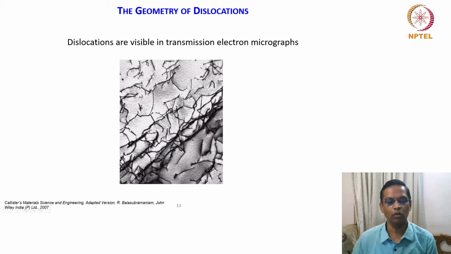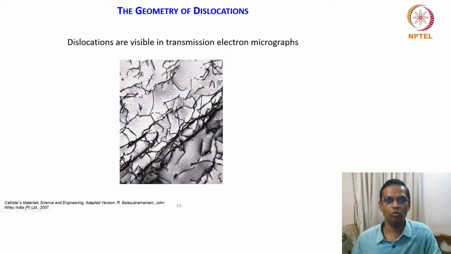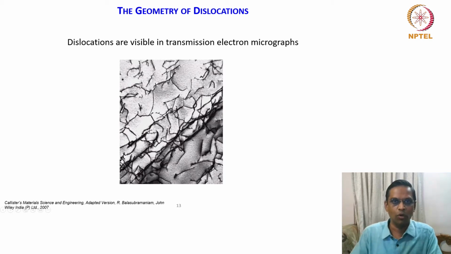This is how it looks, at least. If you want to get into why it appears dark and how you are seeing a loop and other things, it requires much more knowledge of microscopy and diffraction contrast theory. Probably you can take help of some characterization course to get into the details. But this is just an example of what you see in reality.